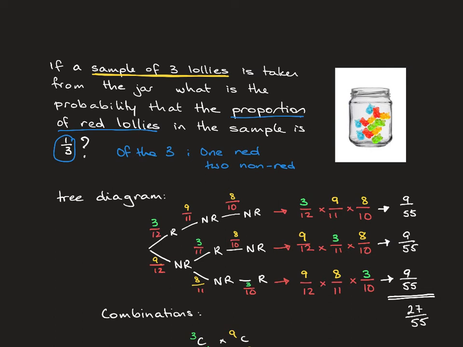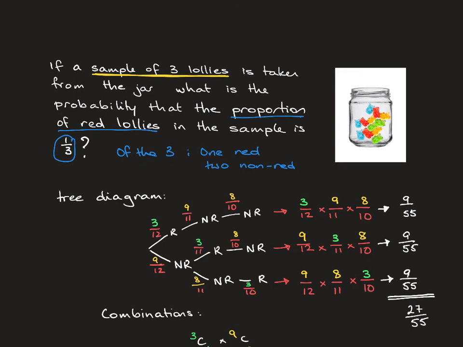And the numerators, which you multiply together, so 3 times 9 times 8, well, that's the same as 9 times 3 times 8, which is the same as 9 times 8 times 3. So if you work 1 out, all you need to do is to multiply this answer by how many you've got here. So that's how you would do a question like this with a small population.